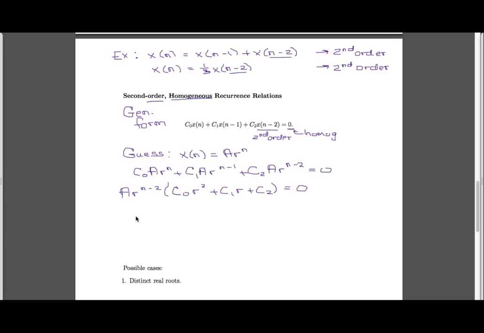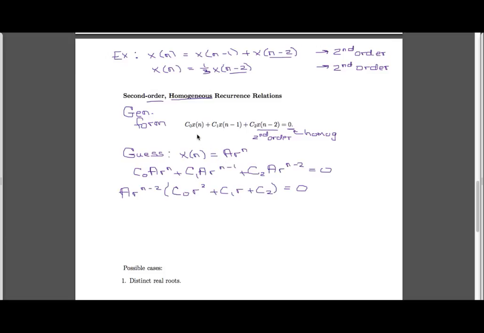Now what we want to think about is whether we can divide both sides by this term. The only time that we have to worry about that is if we're dividing by 0, because we know that causes horrible things to happen. If a were 0, this solution would just be x of n equals 0, no matter what n is.